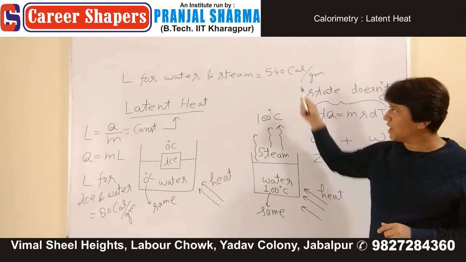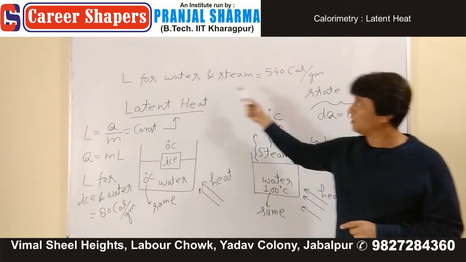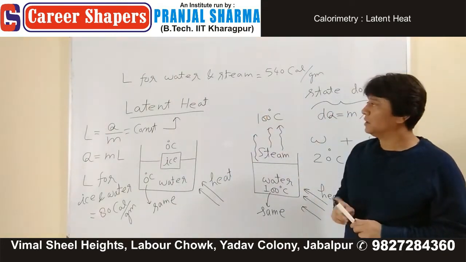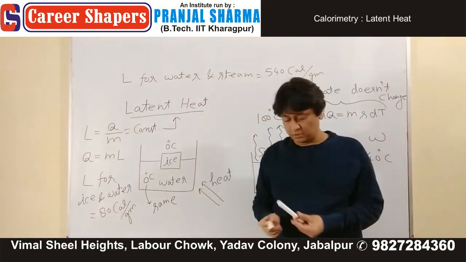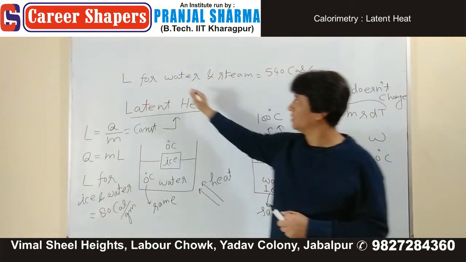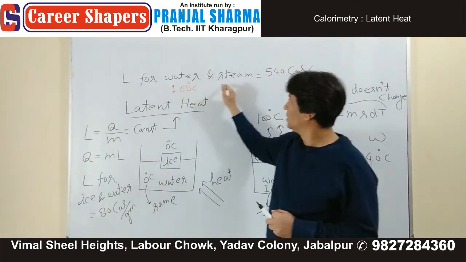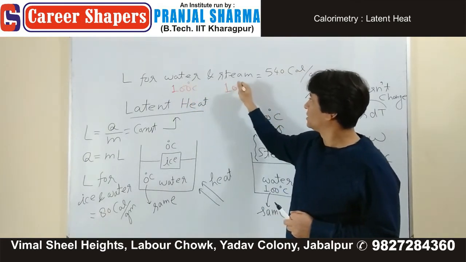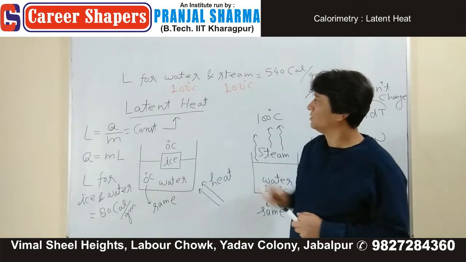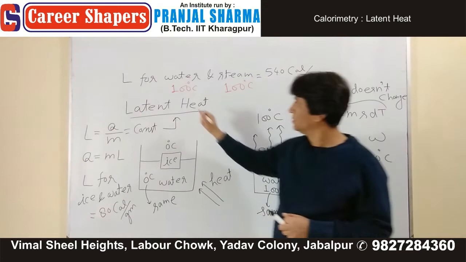Note down these values for latent heat for ice and water and for steam and water. Remember, or you can also write like this: when you are changing from water to steam, your temperature is 100. There is no change in the temperature. I hope it's visible.